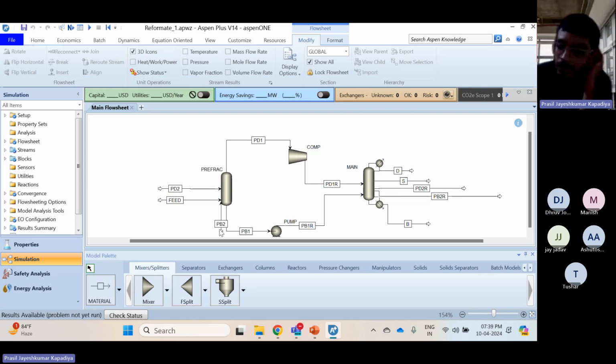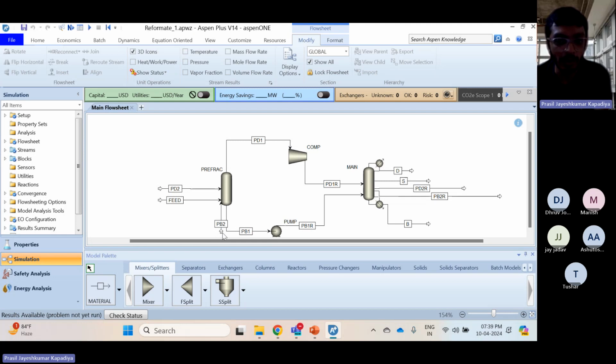This PD2 PB2 inlet should be the same as the PD2R PB2R output. Do you agree? We should get PD2 PB2 and PD2R PB2R the same. Do you agree? Yes, sir. Why do we get the input the same as the output? Because we are supposed to add it here.